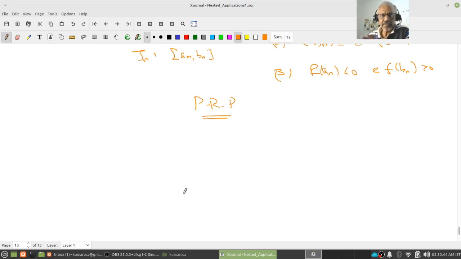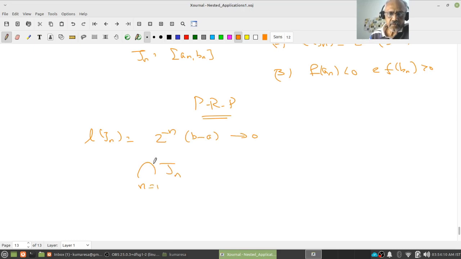Okay, now we are ready to apply the nested interval theorem because we have constructed a nested sequence of closed and bounded intervals, right? And notice that the length of J n is 2 to the power minus n into b minus a, that goes to 0. Therefore the intersection of J n, n equal to 1 to infinity, is some singleton, call it alpha.